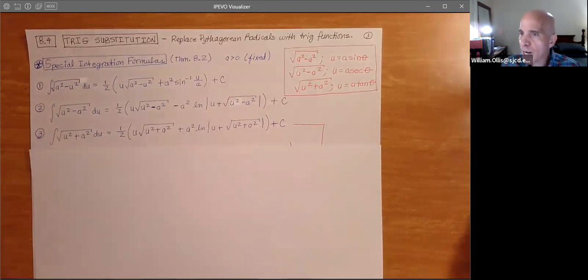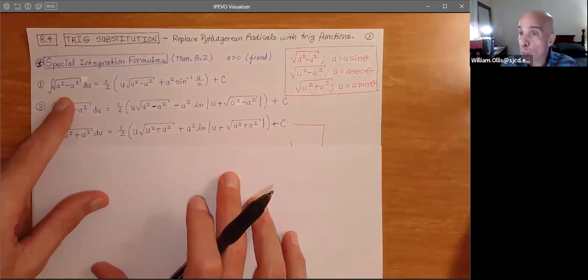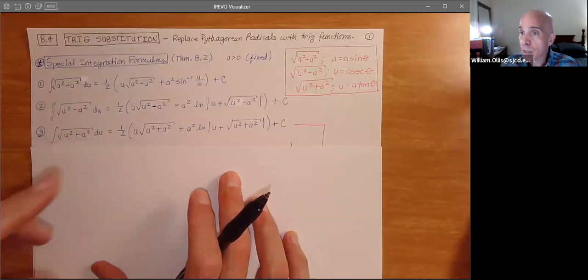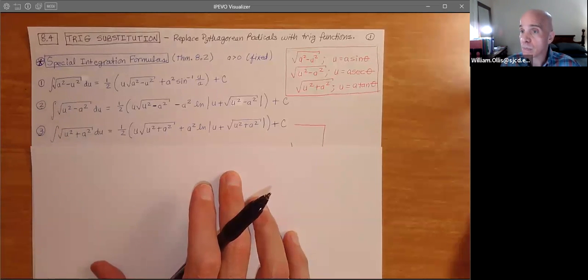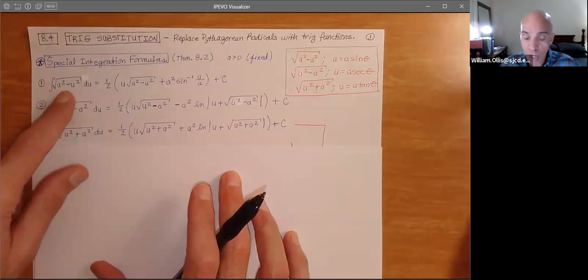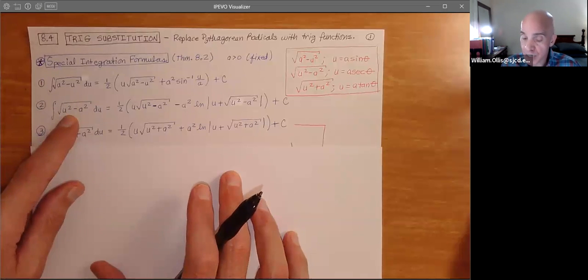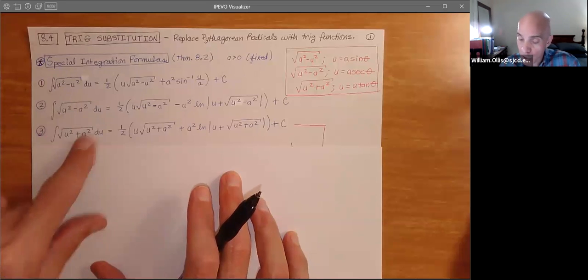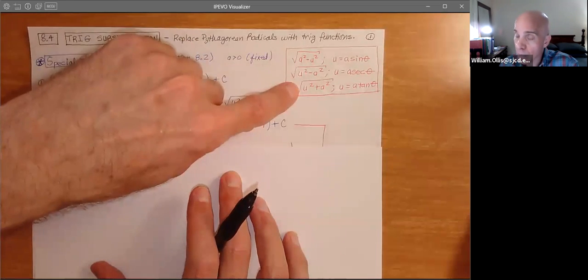So what I want to focus on right now is the fact that if we have a radical like this with nothing else, okay, so we just start with the Pythagorean radical, the one that uses the sine substitution, the one that uses the secant substitution, and the one that uses the tangent substitution, as I've notated here.